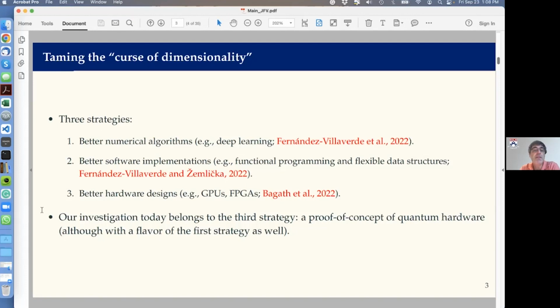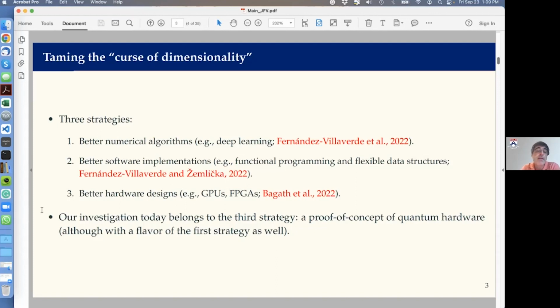A second possibility, and it's not a substitute, it's a complement, is to have better software implementations. And in particular, these days, I'm, for instance, looking in some detail into the advantages of functional programming and flexible data structures, because those allow much more easily for massive parallelization. And I'm doing this with a student, Zemlichka.